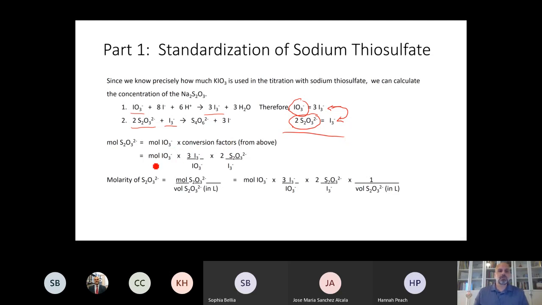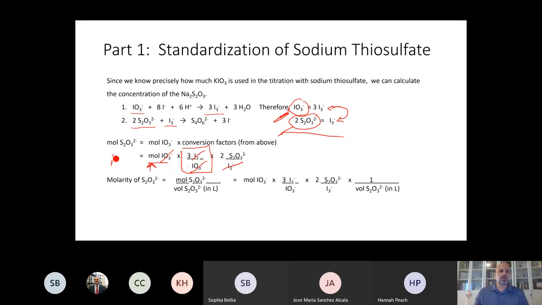We start with a certain number of moles of iodate and multiply by our conversion factor of three triiodides for every iodate, which comes from right there. This allows us to cancel out the iodate ions. Then we multiply by the next conversion factor, which is two thiosulfates for every triiodide, which allows us to cancel out the triiodide.